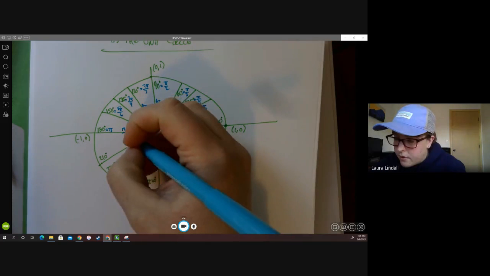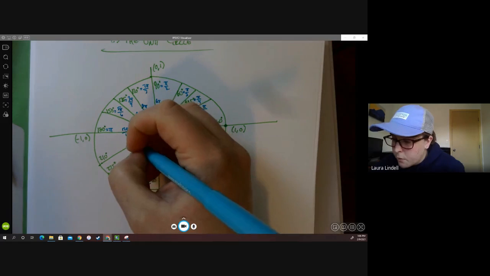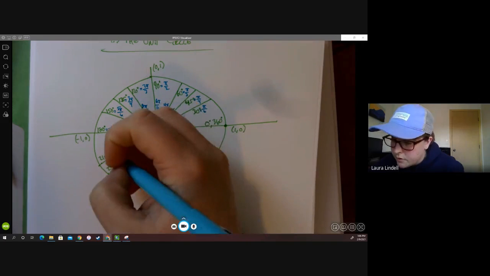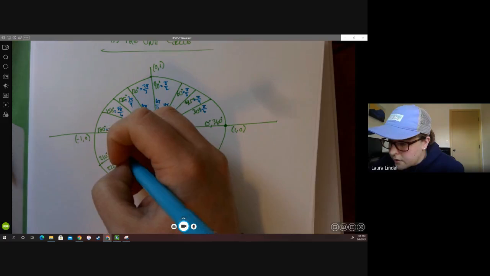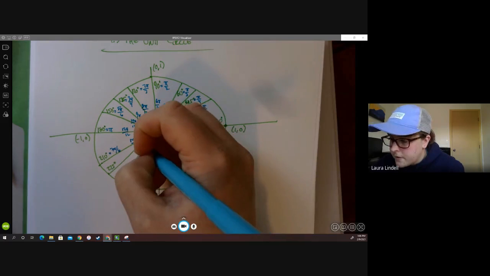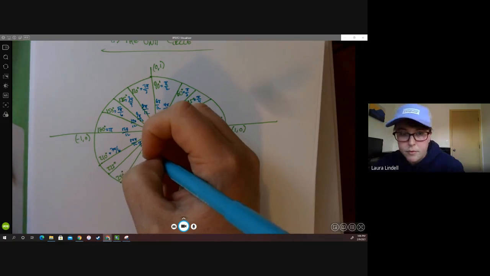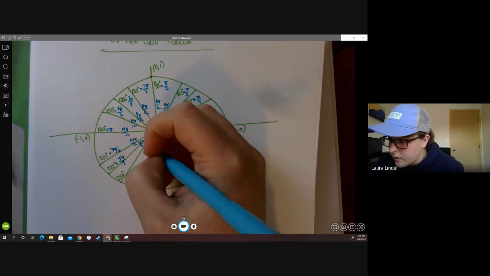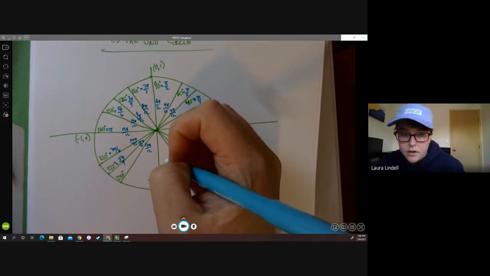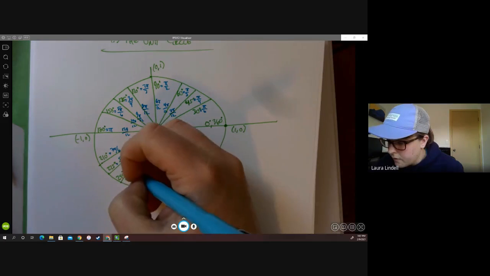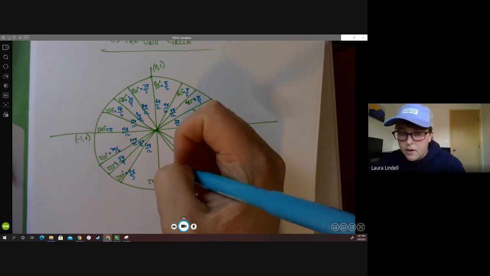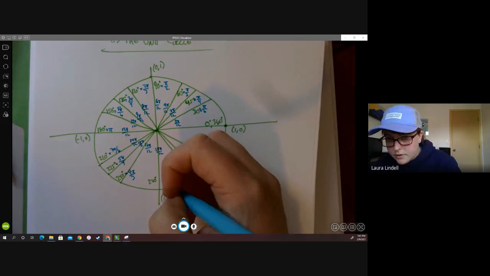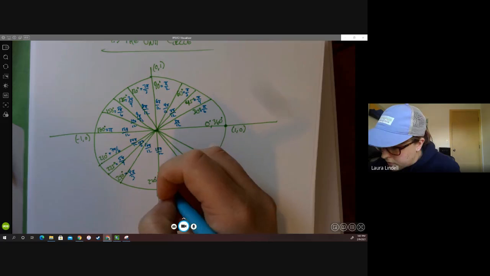Okay, so then continuing on in that same fashion, 14 pi over 12 for the big gap, which is then reducing to 7 pi over 6. 15 pi over 12, which reduces to 5 pi over 4. 16 pi over 12, which reduces to 4 pi over 3. And then 18 pi over 12, which reduces to 3 pi over 2.